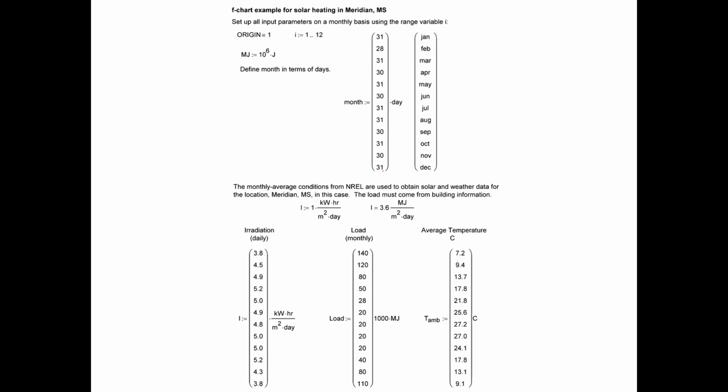You look at the location of, in this case, Meridian, Mississippi, and you would find the daily radiation for that month, and that would be this matrix here. Then you'll have the total load that the building requires. This is from the table in the prior slide. And then the ambient average temperature for that month, right? Starting from January all the way to December.